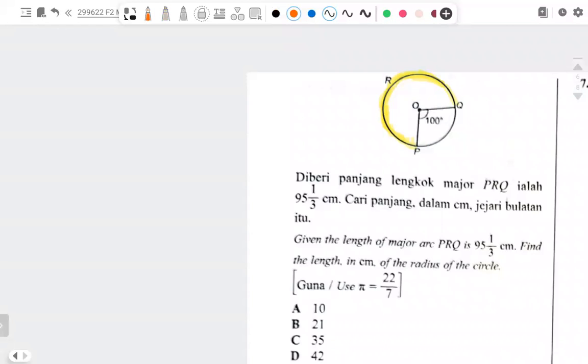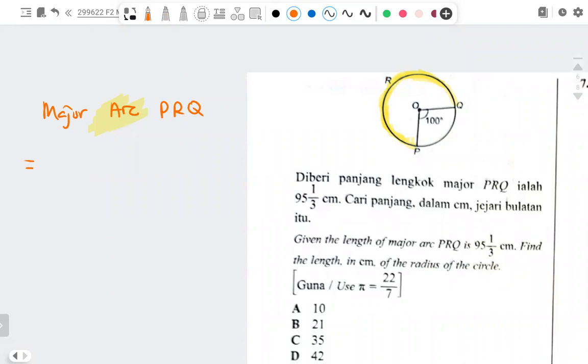So if we want to find the major arc of PRQ, we have to ask ourselves first, how should I find it? Major arc. Then we always refer to the meaning of arc, part of, which means we have to find out the size of the angle first, the angle covered by PRQ.